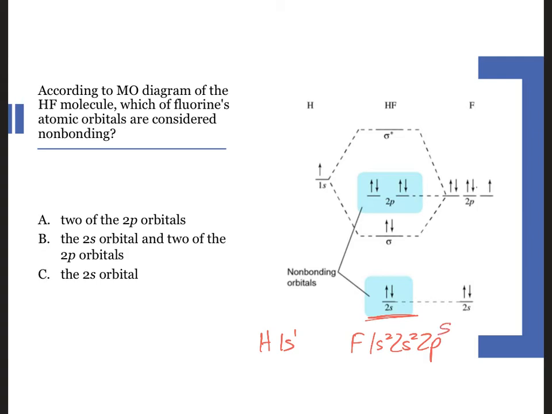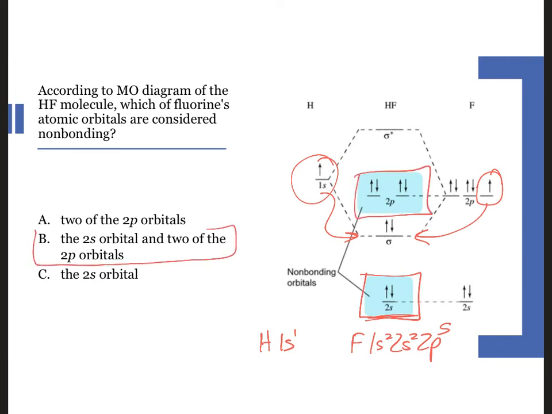All right, and we said that only one of these 2p orbitals is involved in overlap with that hydrogen 1s. And the rest of these are going to be non-bonding. So the best answer here is B. The 2s orbital and 2 of the 2p orbitals are non-bonding.